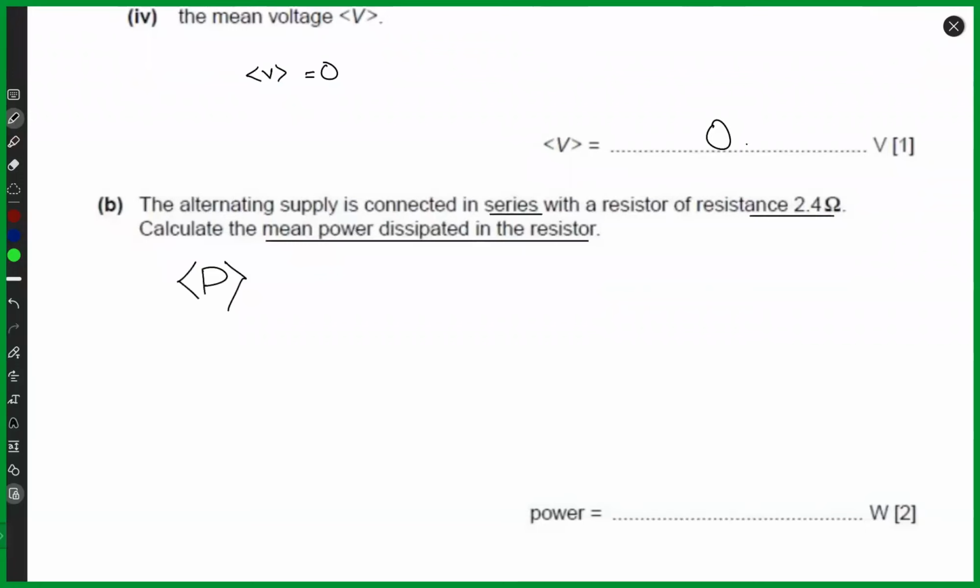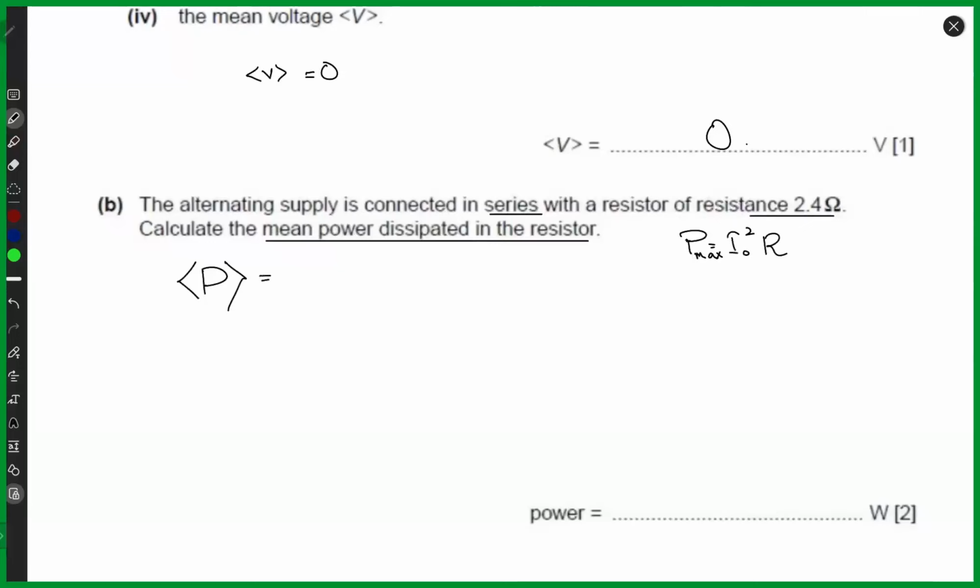How do you calculate the mean power dissipated? So we know that the maximum power that is dissipated is I naught, the peak current, squared, times the value of the resistor.